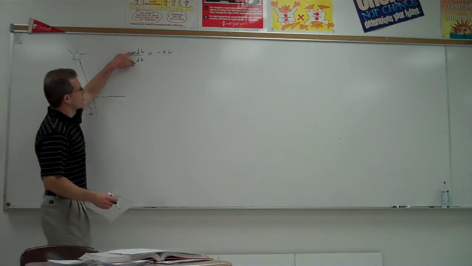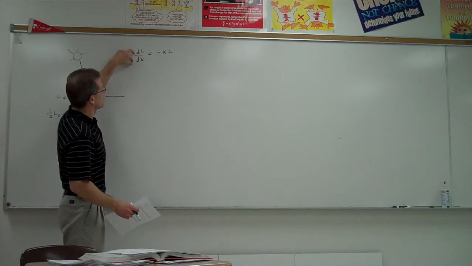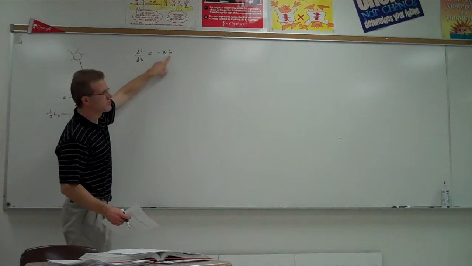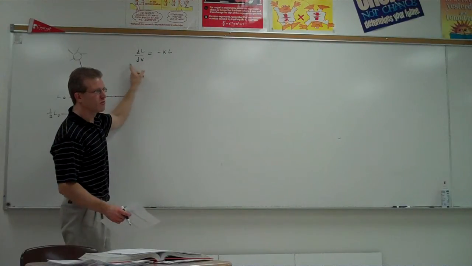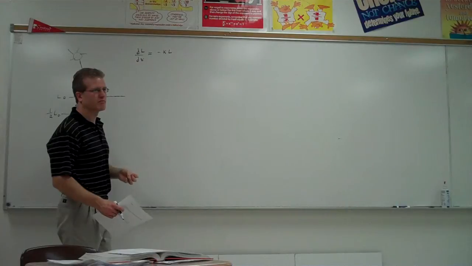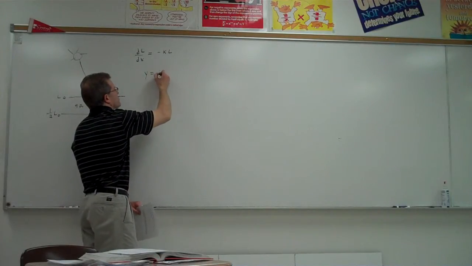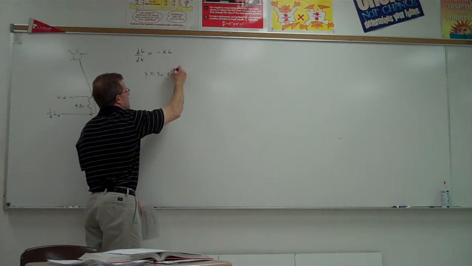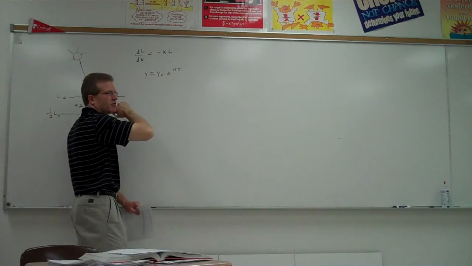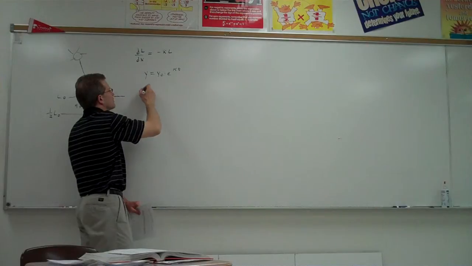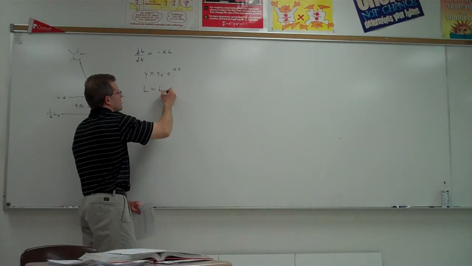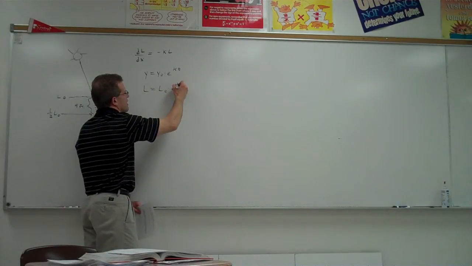When you see a differential equation like this, where it's saying the derivative equals some constant times the amount of light, what equation do you think we should use here? Y equals y sub 0 e to the kt. Right, y equals y sub 0 times e to the kt. Instead of y, what variable should we use? L. So L equals L sub 0 times e to the k.